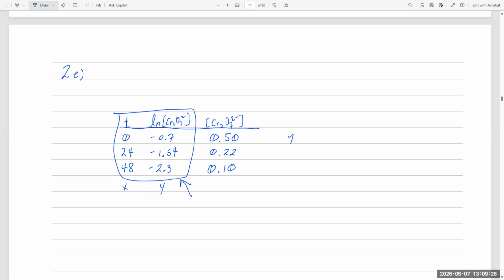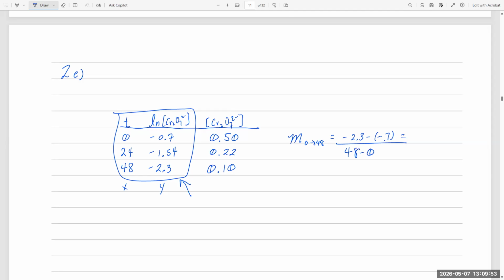So let's go. The slope of 0 to 48, time-wise, what does that come out to? That's going to be rise over run: y2, which is negative 2.3, minus negative 0.7, all over 48 minus 0.